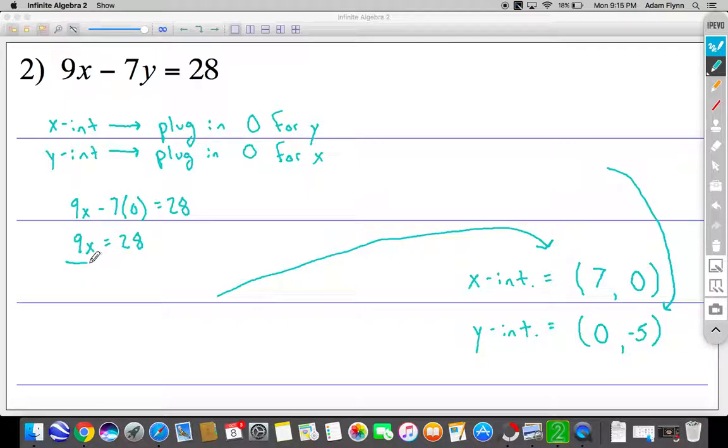So now I'll divide both sides by 9. So these 9's cancel. So I get x equals 28 over 9. And if you can simplify this fraction, please do. But there's no number that goes into 28 that also goes into 9 evenly.